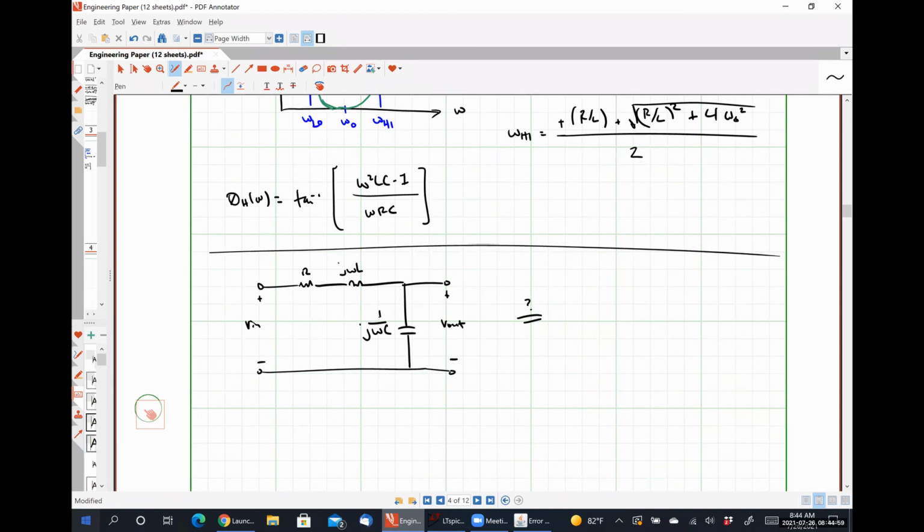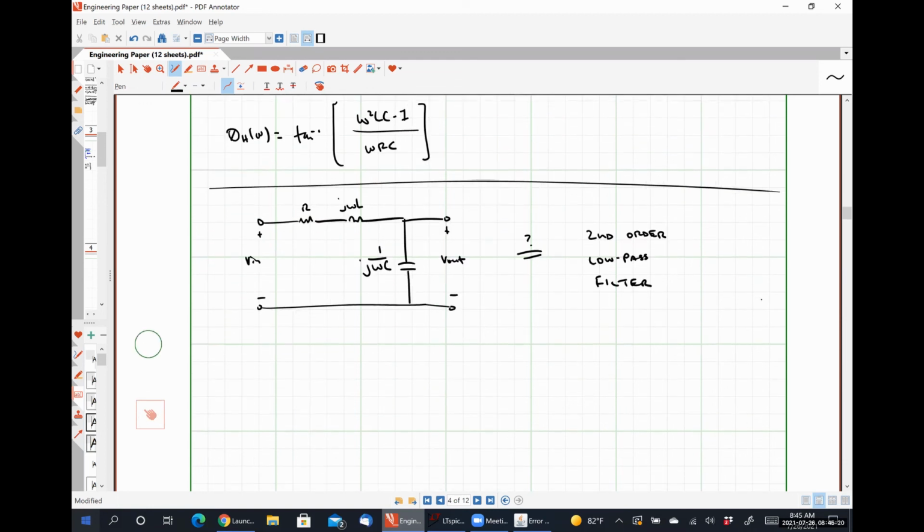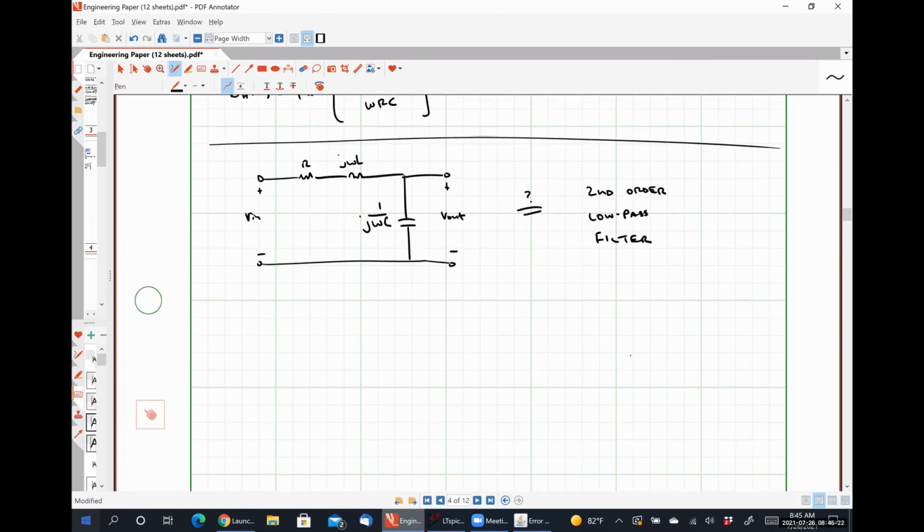So it really behaves just like a first order RC filter, where we're taking the voltage drop over the capacitor, and that makes this a second order low pass filter.